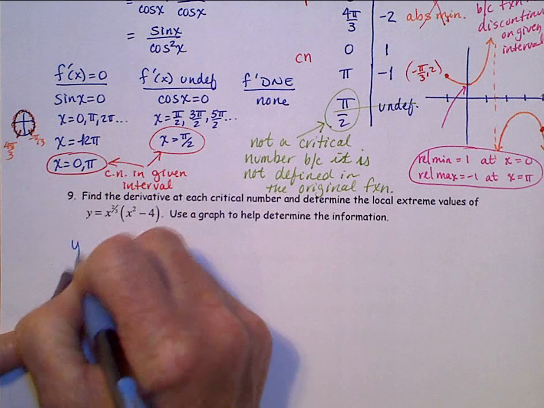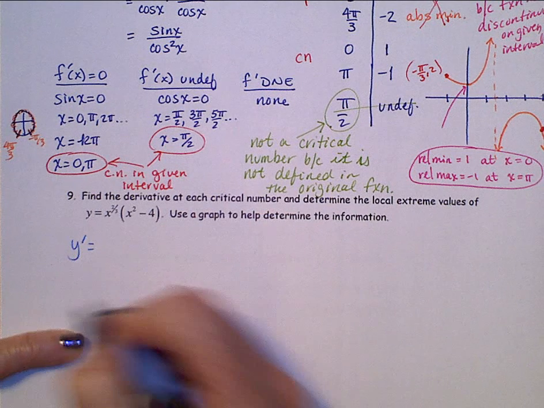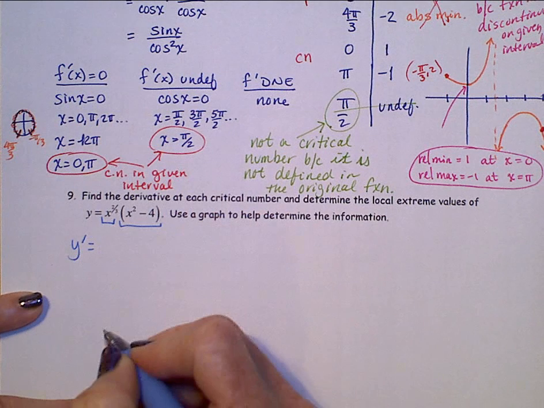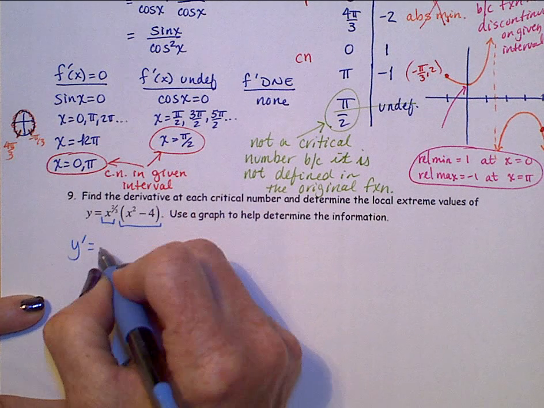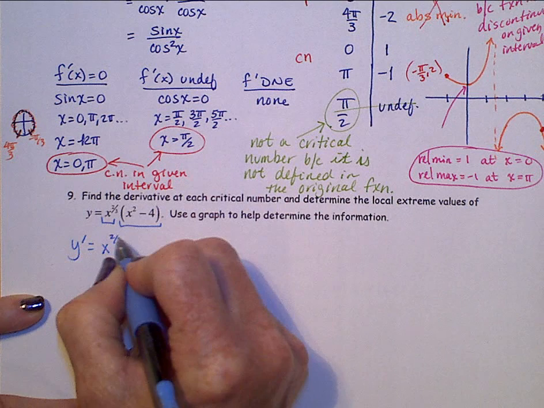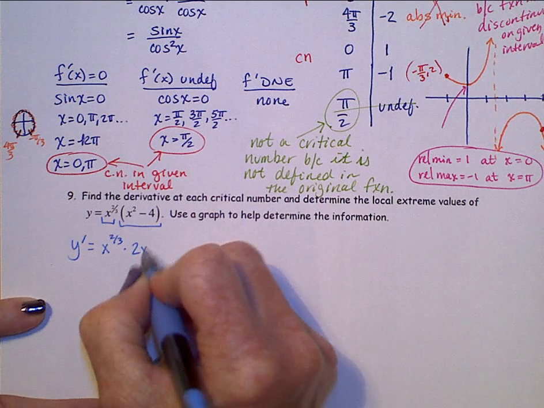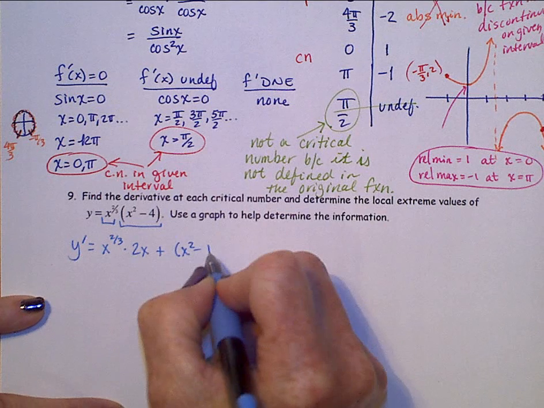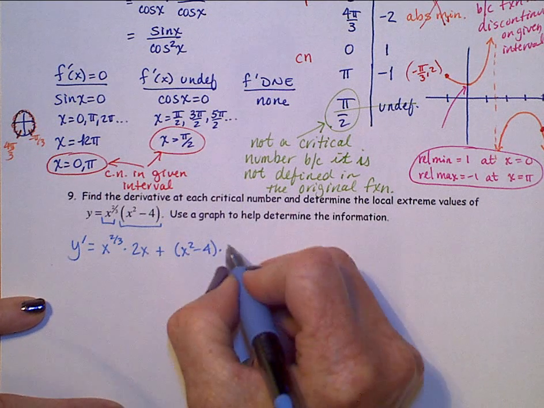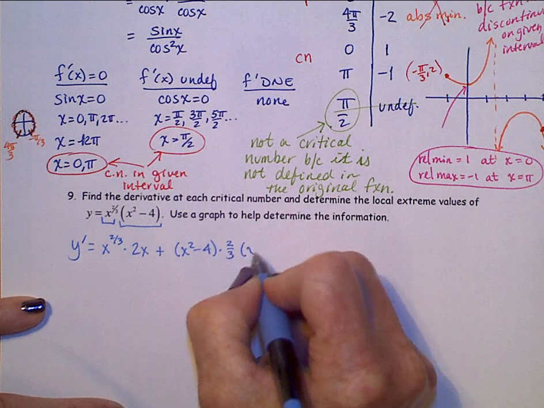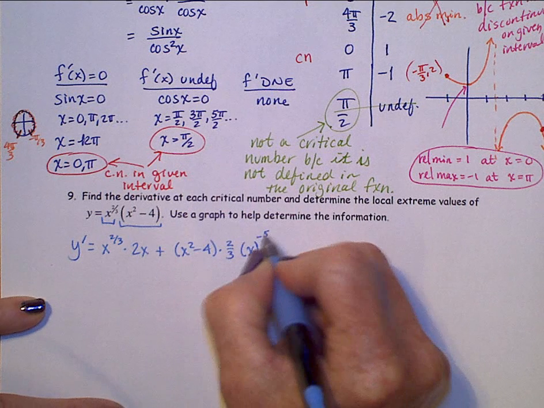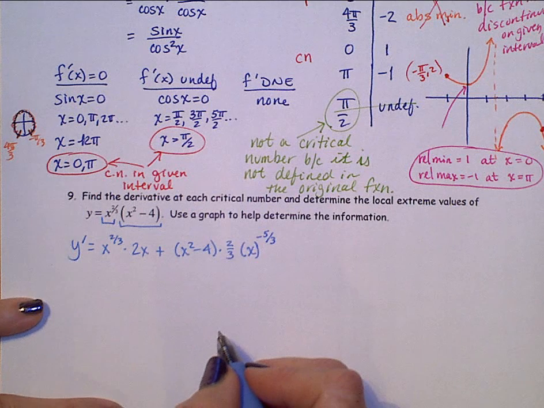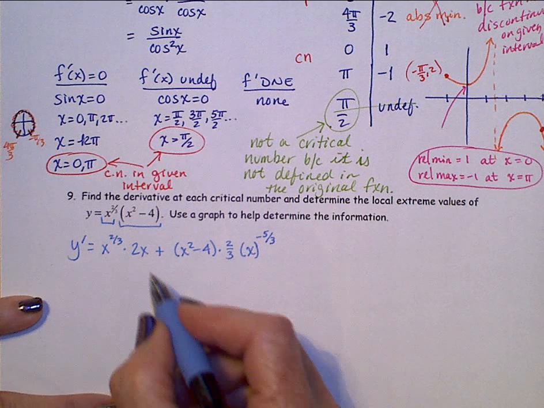Let's find the derivative. Oh boy, we got a product rule going on here. So first, x to the 2/3 times the derivative of the second, which is 2x, plus the second, x squared minus 4, times the derivative of the first, 2/3 times an x to the negative 5/3. Let's clean this up a bit.